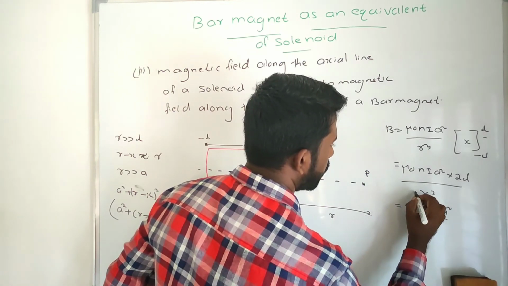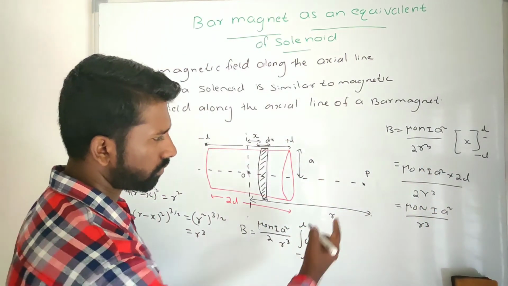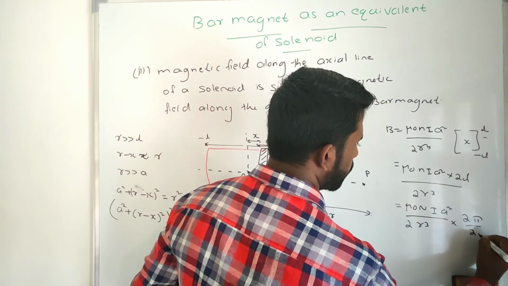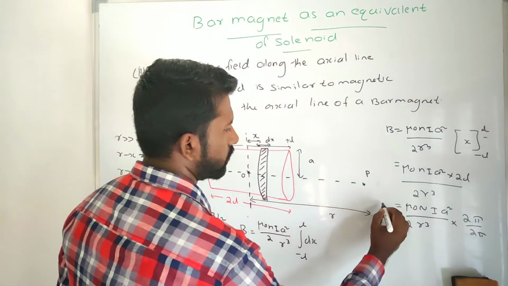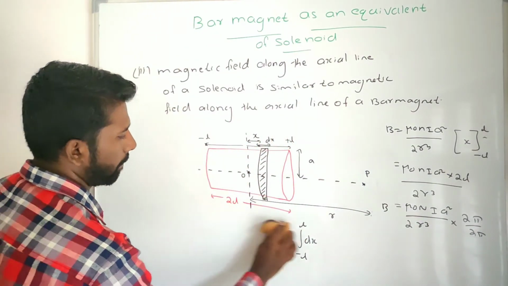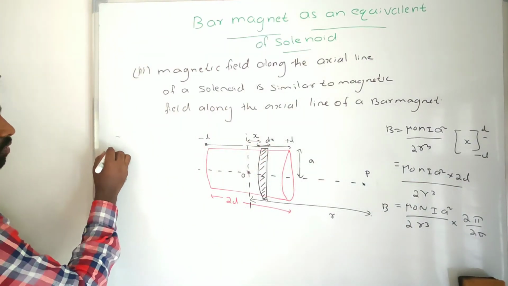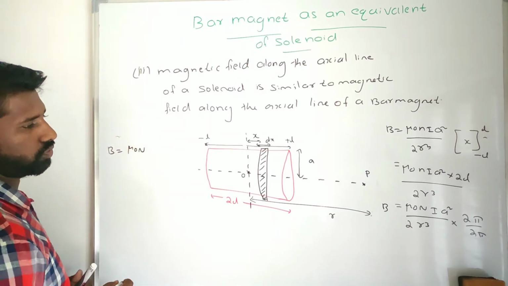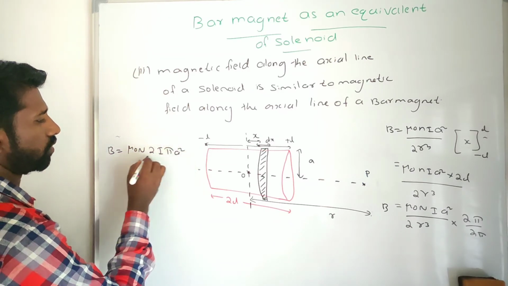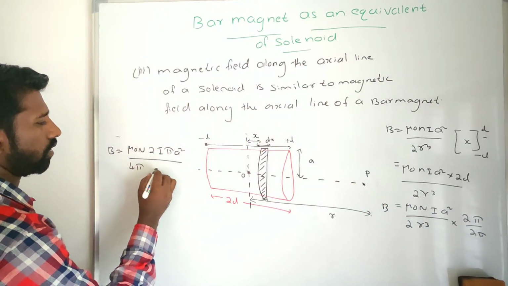Then sorry, we missed a 2 here. So here this 2, and this is also 2 here, so I am going to multiply by 2 pi here and 2 pi here. Now B is equal to mu 0 N into 2 into I into pi a square divided by 4 pi, this 2 pi into 4 pi r cube we will get.